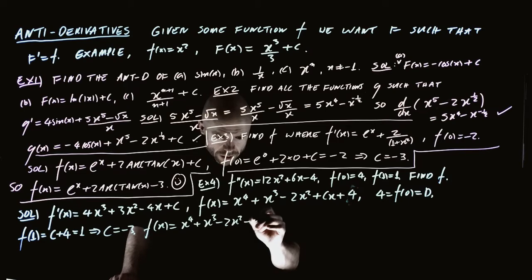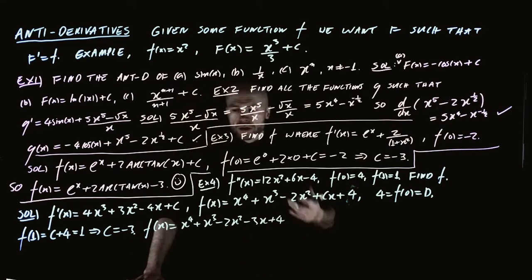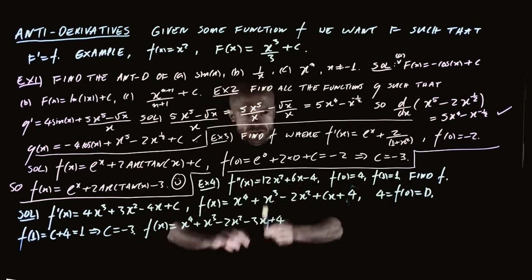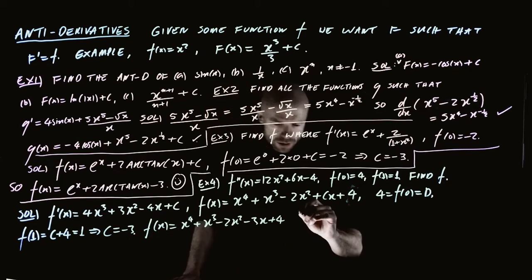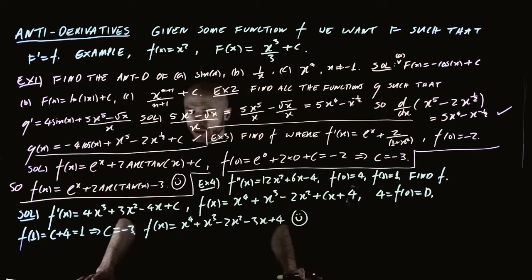We just found out this was minus 3x plus 4, and that's our function. If we differentiate this twice, we can check it's going to get to be this thing. And if we stick in 0 into this, we for sure get 4. And if we stick in 1 into this, for sure we get 1. That's it. We're all set. So this thing is the answer. We are absolutely sure. Cool.